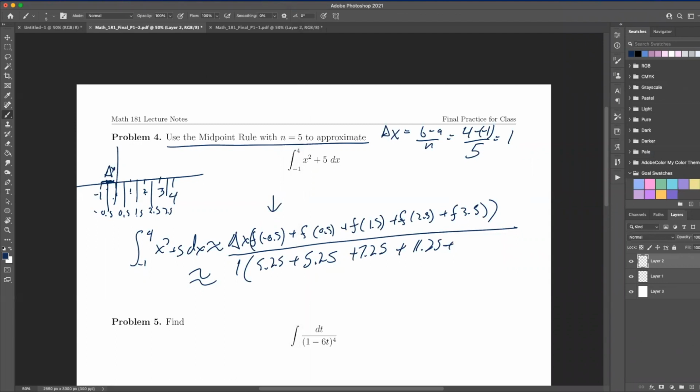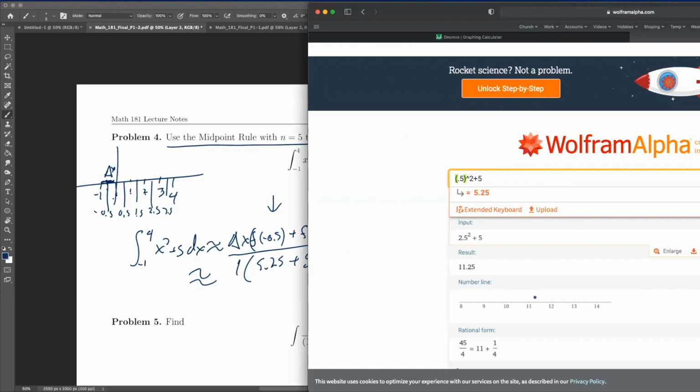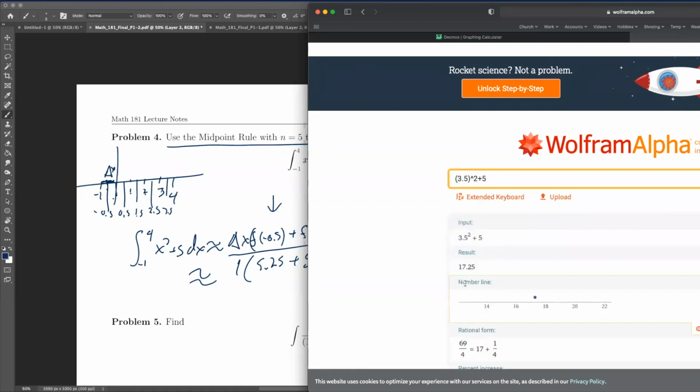Wait, both negative and positive? Yes. Because I'm squaring it, both my negative and positive end up being the same number. So if I have a negative number, 0.5 squared and negative 0.5 squared still produce the same number. And the last one here is 17.25.